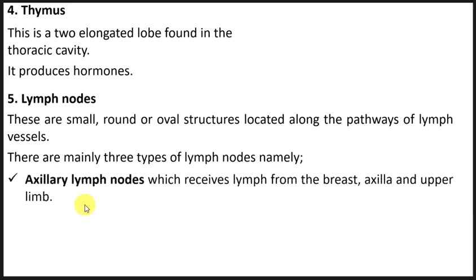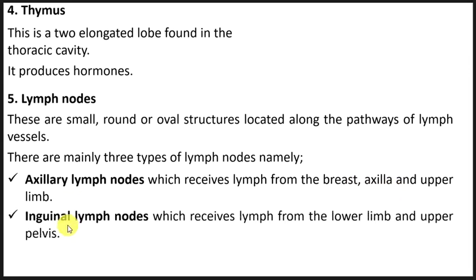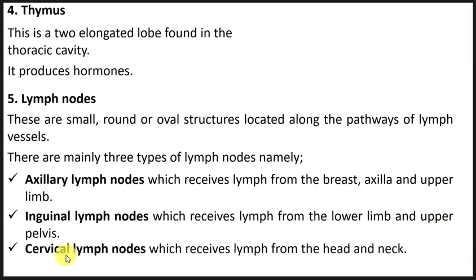We have the axillary lymph nodes, which receive lymph from the breast, axilla and upper limb. Then the inguinal lymph nodes, which receive lymph from the lower limb and upper pelvis. Then we have the cervical lymph nodes, which receive lymph from the head and the neck.